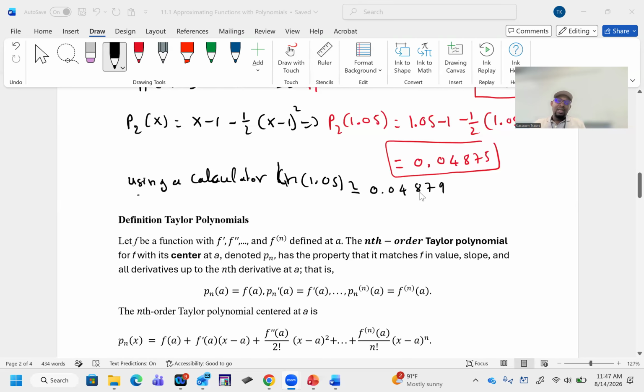Let f be a function with f prime, the second derivative of f, and so on until the nth derivative of f defined at a. The nth order Taylor polynomial for f with its center at a, denoted p sub n, has the property that it matches f in value, slope, and all derivatives up to the nth derivative at a.